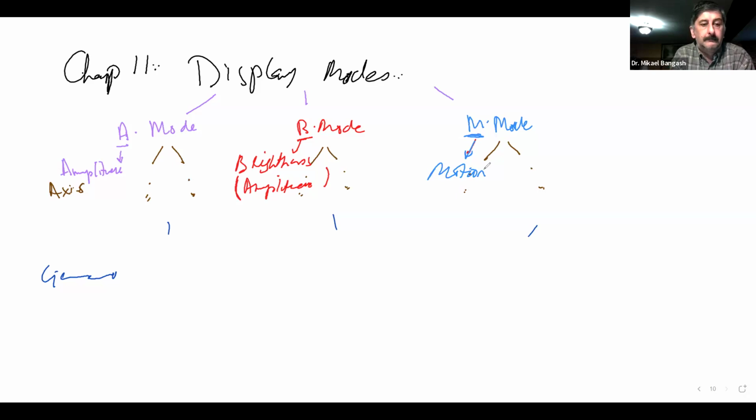So A in A mode is for amplitude, B is brightness, but this brightness is the same as saying amplitude, and last is M, which is motion. Now let us just look at A mode.